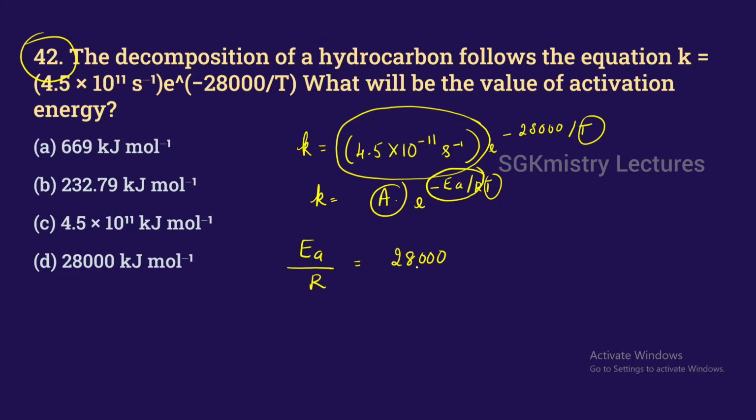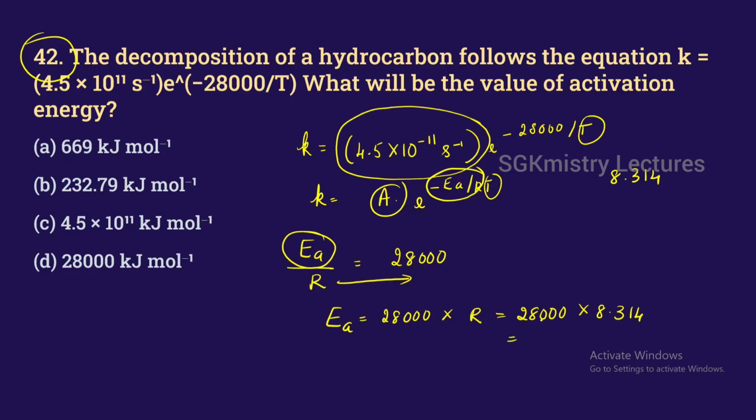So now to find out the value of the activation energy, you have to find out what is EA, right? So I have to multiply this value by R. So EA is equal to 28,000 into 8.314. Let me again shift the points so that calculation is easy.